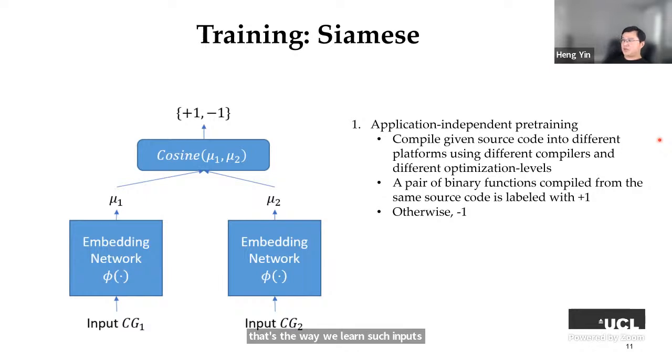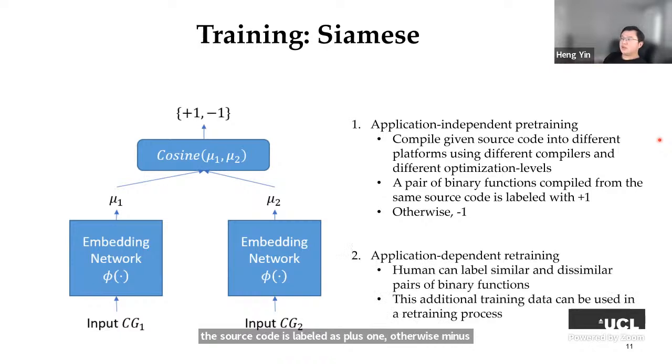As you can see, the application-independent pre-training essentially compiles the source code for different platforms, different compilers or compiler options, and then a pair of binaries compiled from the same source code is labeled as +1, otherwise -1. Okay, so this is the training. And of course, we can also have application-dependent retraining, such that humans can label some similar or dissimilar functions to essentially fine-tune this model.